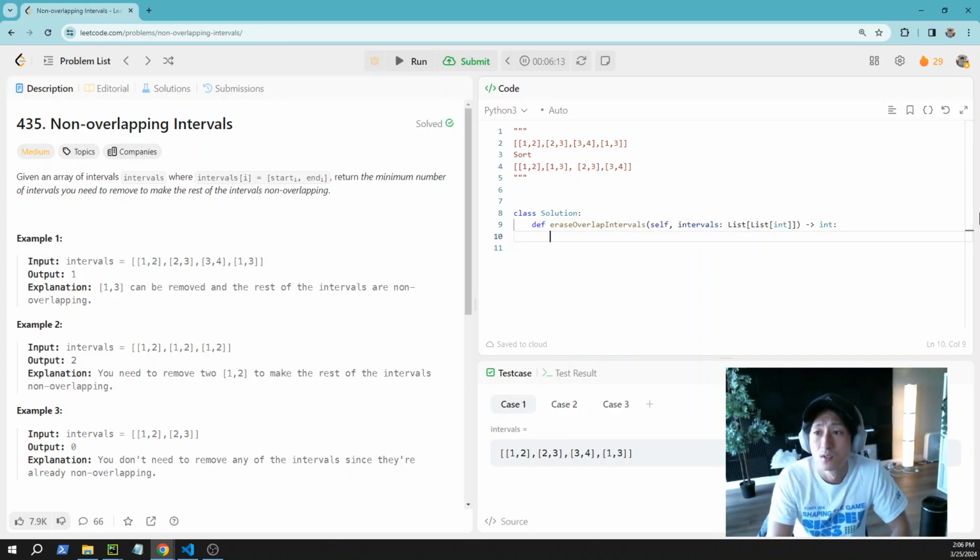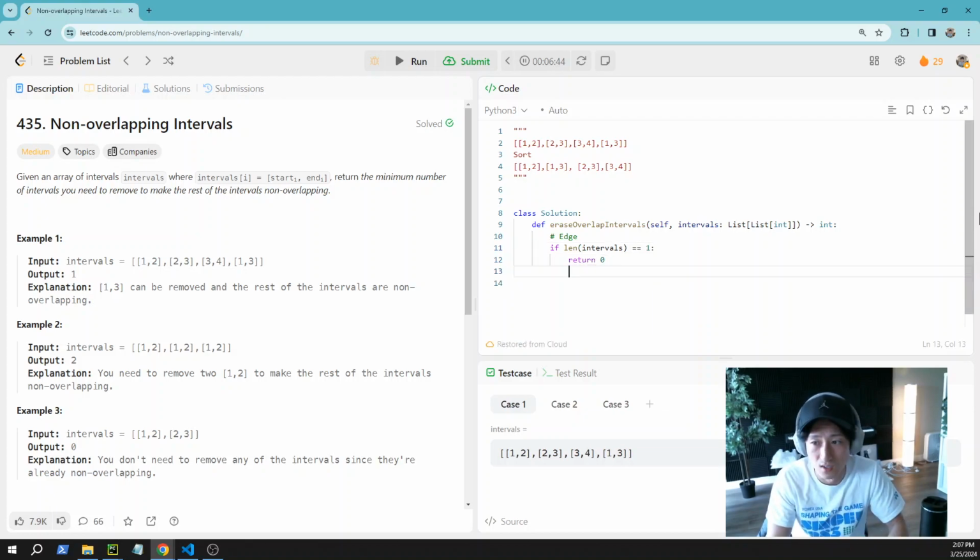So I said, before, sorry, actually, if it's the edge case, like if the length of the intervals is 1, we don't have to do any sorting or anything. Just return 0. Yeah, it's just the edge case.